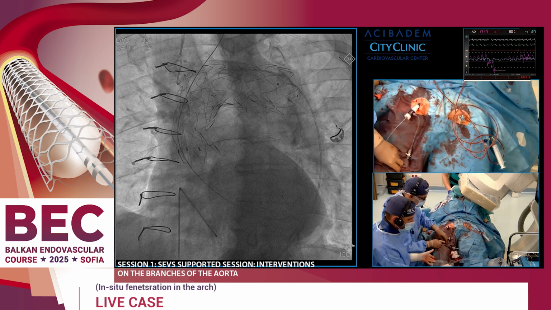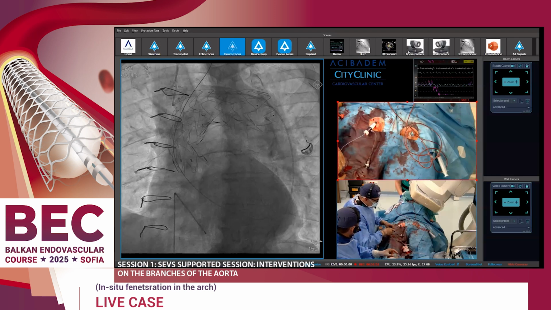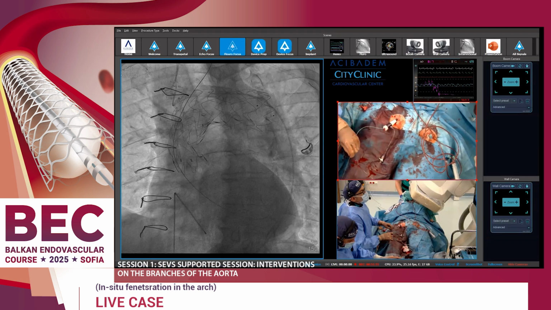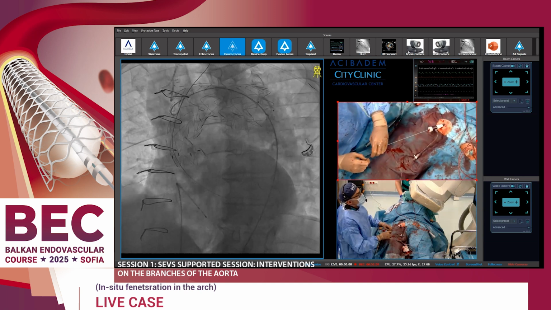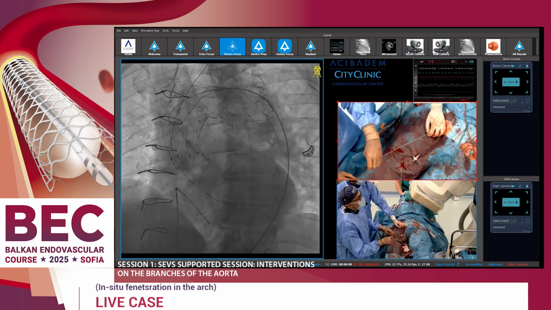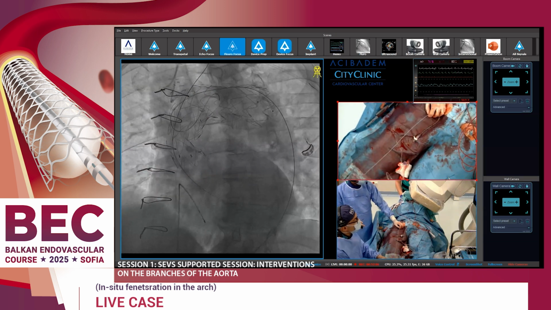And we are going to put a lasso, a snare, waiting below the probable site of the penetration, of the fenestration.